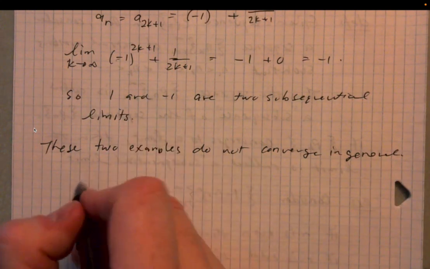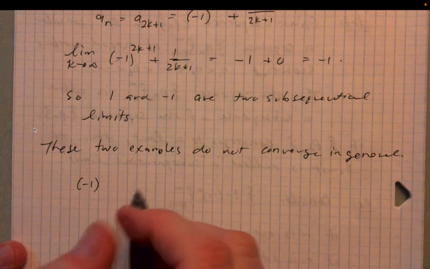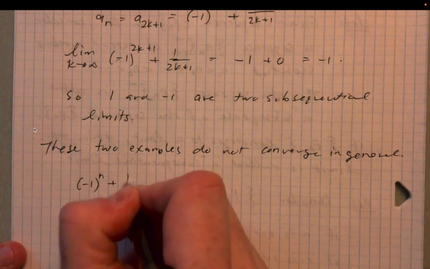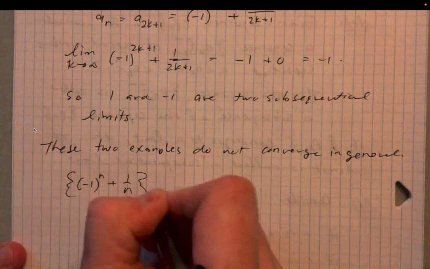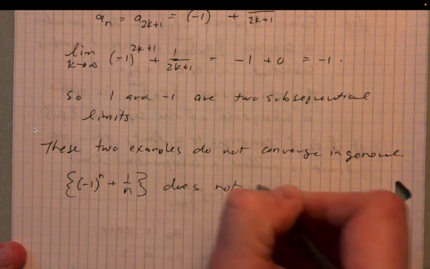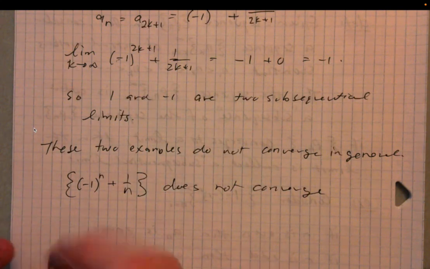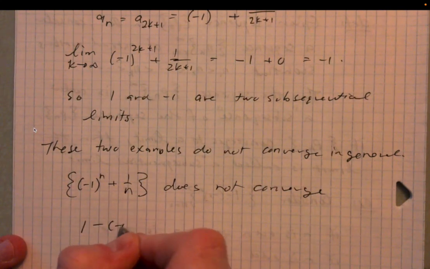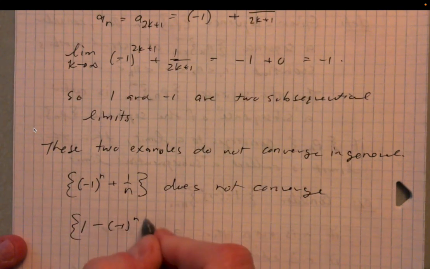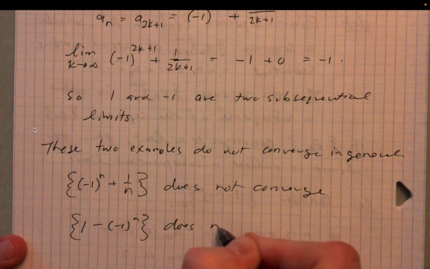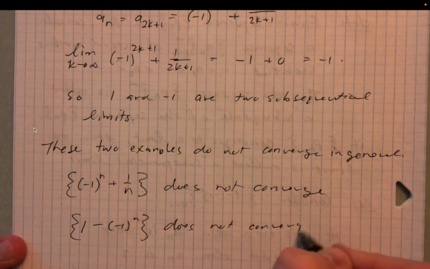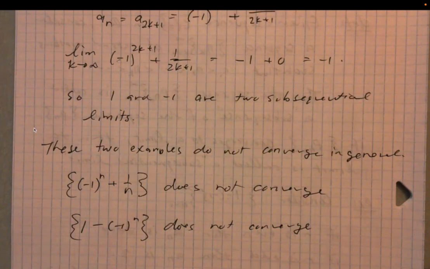So the last one we looked at, negative 1 to the n plus 1 over n, does not converge. And then the other one was, I think, 1 minus negative 1 to the n. This does not converge either. But we did see that there did exist subsequences of these two sequences where we did have convergence.